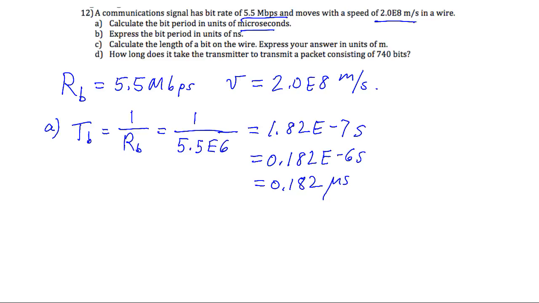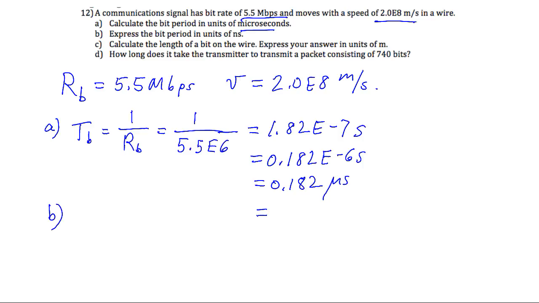Okay, express the bit period in units of nanoseconds. For part B, I'm going to go ahead and rewrite the same quantity. And notice here that I'm following the rule that if I increase this quantity, I'm going to decrease this one by the same factor. So here, from 10 to the minus 7 to 10 to the minus 6, I've multiplied by 10. Here, I divide by 10, and that keeps the number the same. Now I'm going to go into nanoseconds.